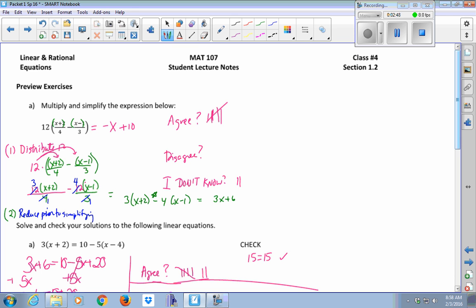Or you can call this a negative 4, because subtracting 4 is the same as adding a negative 4. And now if you say negative 4 times x and negative 4 times negative 1, you'll remember to change both of the signs. So if there's a mistake here, it's often right there. Sometimes people have a minus. So this becomes 3x. If I group my like terms right beside each other, I get negative 1x plus 10.